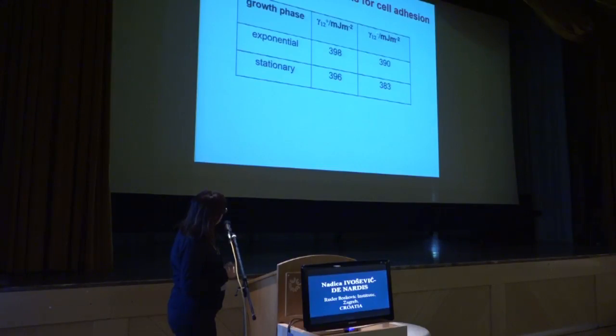When we add a negatively charged electrode, this difference is about 30 millijoule per square meter. This means there is a pronounced difference in the energy necessary for adhesion and for rupture and spreading, meaning that a cell in exponential phase is harder to break than a cell in stationary phase.